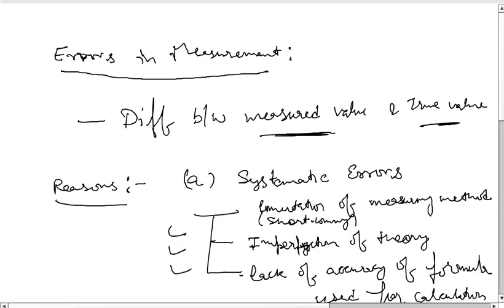It may be a limitation or a shortcoming, right? So in your measuring method, you are not considering the buoyant force of the air, and that is also a kind of systematic error. Imperfection of theory: you have made so many assumptions in your theory while deriving a formula, so that is also imperfection of theory. Lack of accuracy of the formula used for calculation, that I already told you. Understood? All these three?